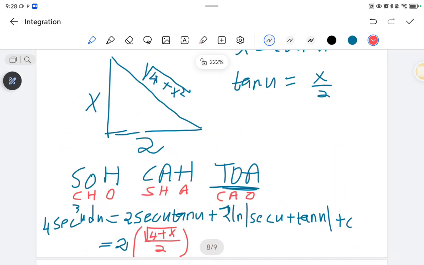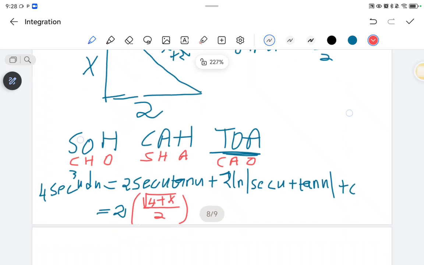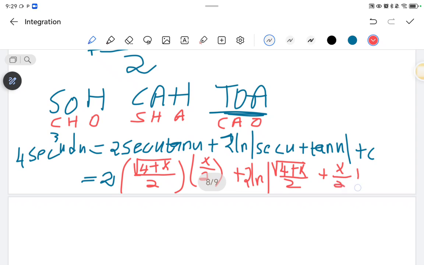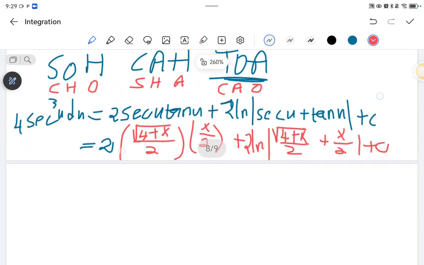Tan u, we know that it's x over 2. That one is obvious. We have it already. X over 2 plus 2 ln of sec u. Already I know that it's the root of 4 plus x squared over 2, plus this x over 2, plus c. So I can easily simplify this.